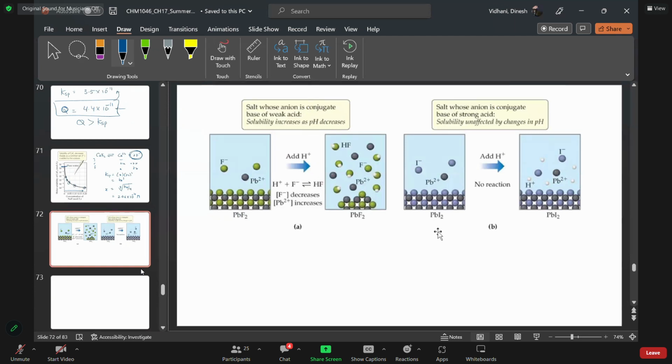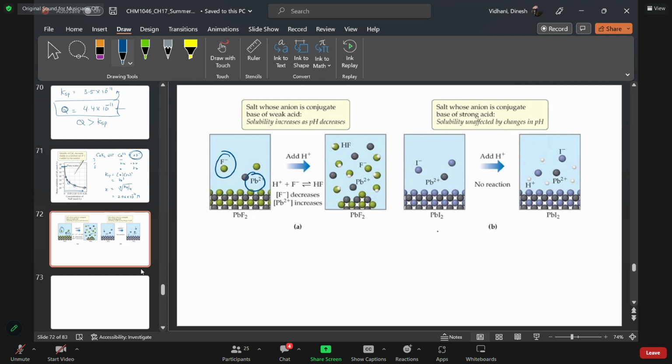Now, when you add H plus ions from an outside source, you may tend to think that there is no common ion over there. Well, there is no common ion. But then something interesting happens, just like your buffer solution, right? Think of this one like a buffer where you have fluoride ion and the lead ion in equal amount.